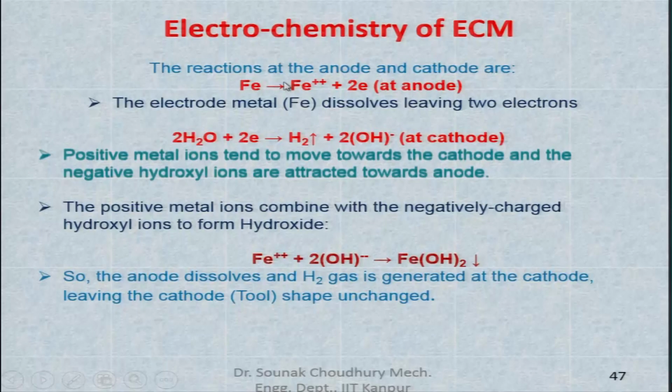So, even if the tool material is soft, it can be used for a longer period, because the tool does not wear out, since at the cathode only hydrogen gas is evolved. As I showed you here, this is the process which happens. Ultimately, the material is removed from the anode, which is the workpiece, and at the cathode nothing happens but hydrogen gas is evolved.